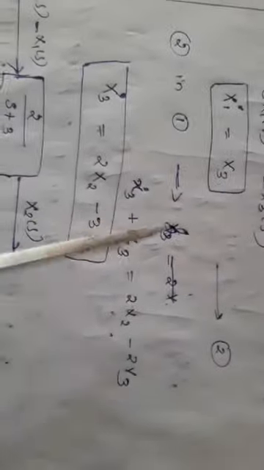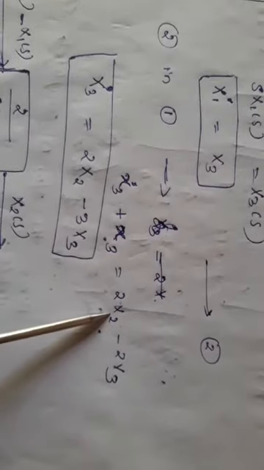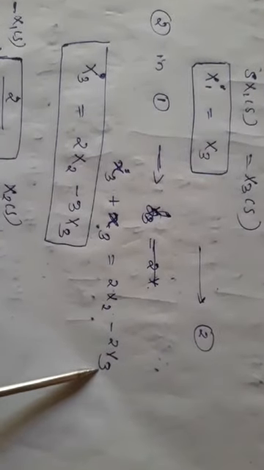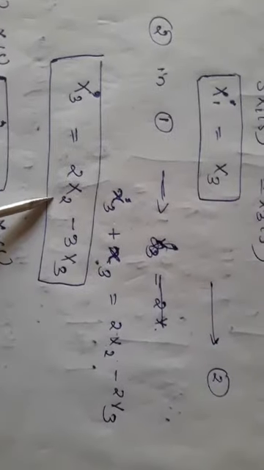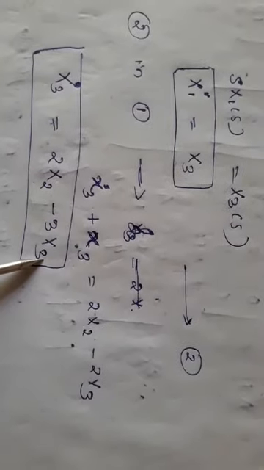So, we get x1 dot equal to x3. Therefore, x1 double dot is equal to x3 dot. So, x3 dot plus x3 is equal to 2x2 minus 2x3. From here, x3 dot is equal to 2x2 minus 3x3.